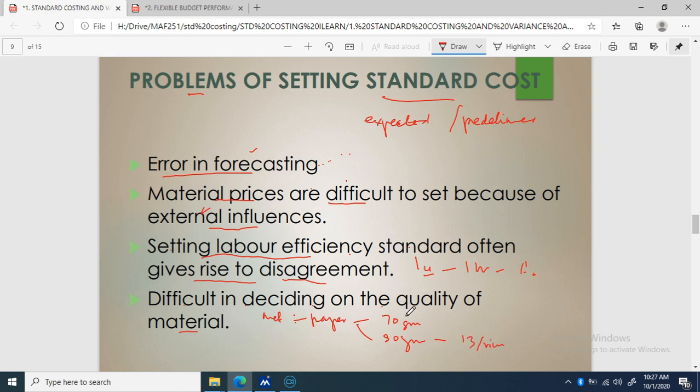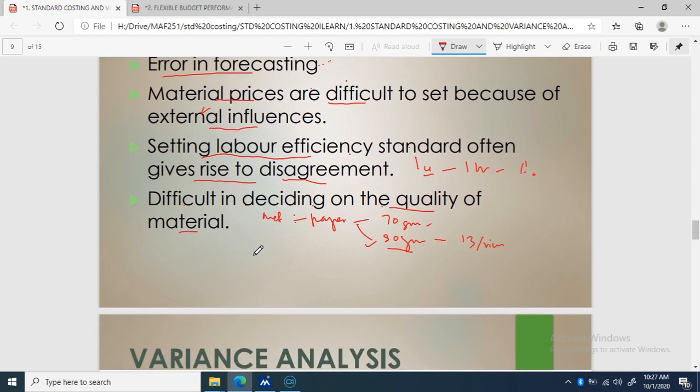But what happens when you want to buy this brand of material, and 80 gram paper is not in the market, there is a shortage in the market? So you have to buy other brands of 80 gram, or you change to 70 gram. So the quality will be different. When there is a quality difference, it will affect the usage of material. So these are the problems of setting standard cost. Okay, thank you.